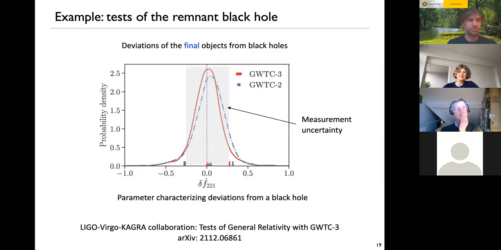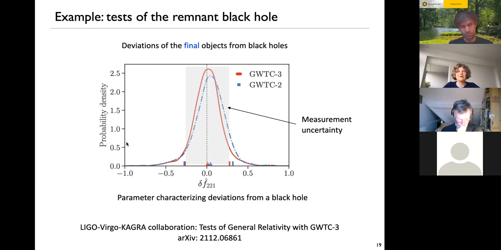This was from a paper by the LIGO-Virgo-Kagra collaboration listed here on the bottom. It is the most up-to-date analysis published by them. And it asks how much a quantity characterizing the final black hole deviates from what is expected in Einstein's theory for a classical black hole.